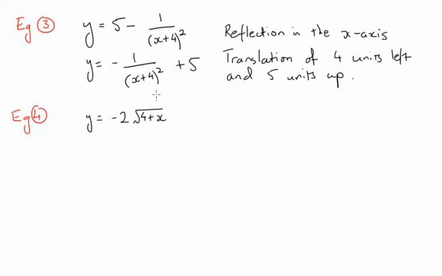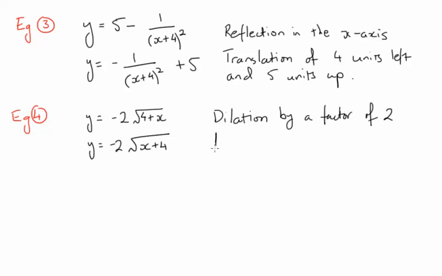Okay, let's see. Well, I'm going to rewrite it because I like to. x + 4. Let's see, dilation by a factor of 2 from the x-axis because it's right out the front. Dilation by a factor of 2 from the x-axis. What's next? Reflection.